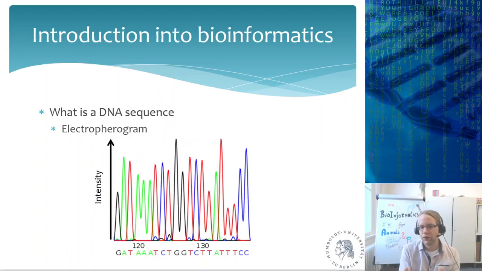If you do an experiment and you have a little piece of DNA after your PCR reaction and you want to send it in for sequencing, then many things are still sequenced using electropherograms. You just get one of these pictures back, and in this picture you can see, oh okay, this had to be a G, an A, a T, an A, and that is how you read a sequence.